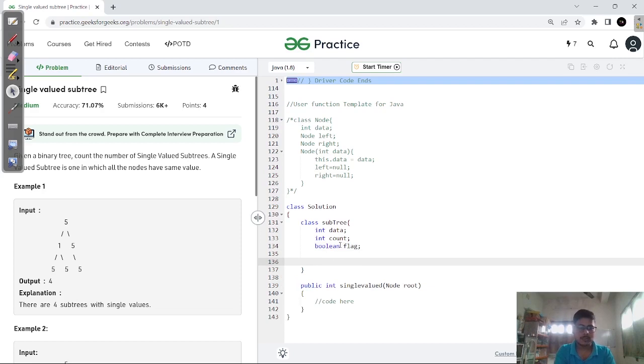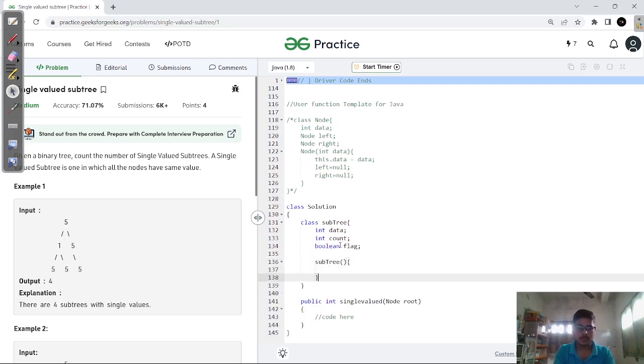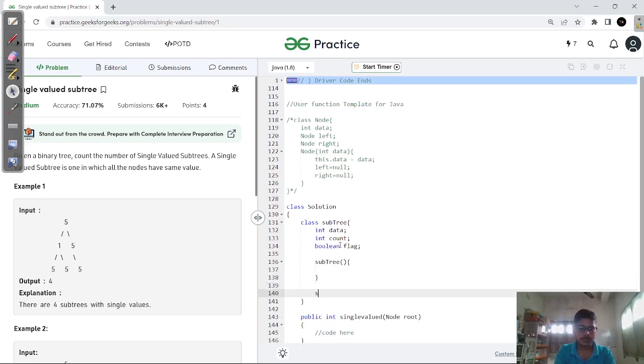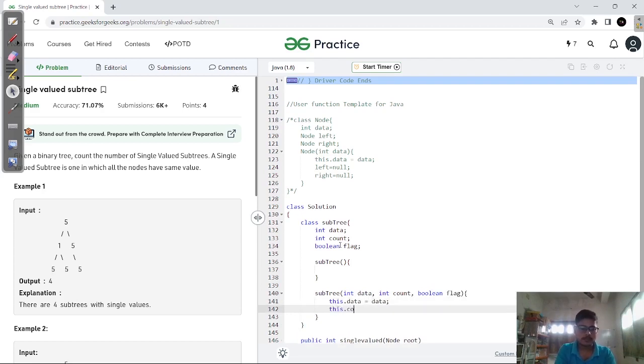Okay, and I am just creating a constructor for just initializing my values, an empty constructor and a parameterized constructor, data, and this dot data, count and flag. Okay, so we are done.